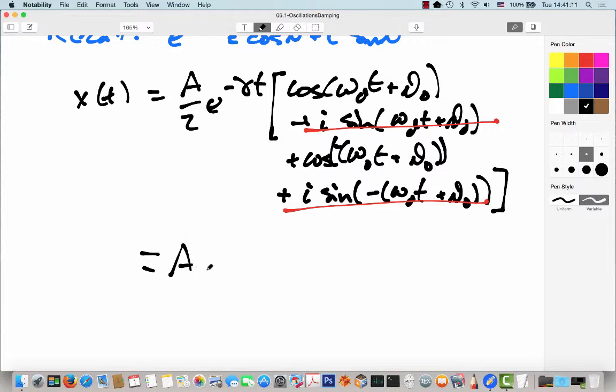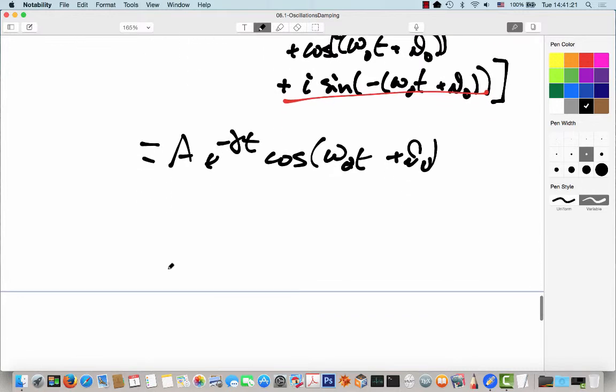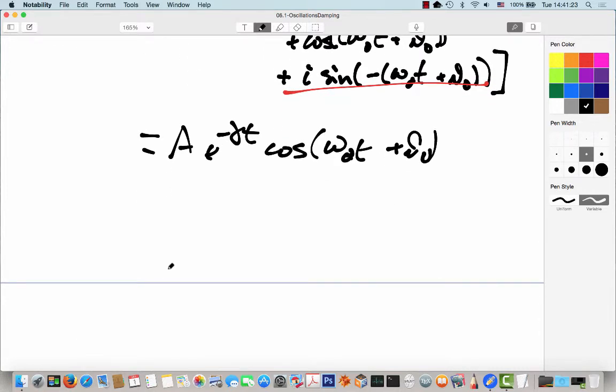So I now have a e to the minus gamma t cosine of omega d t plus theta naught, but that's not how we usually write this. We usually like to write our simple harmonic oscillators as sine, but that's okay. If I just shift my initial phase by pi over 2, I can turn the cosine into a sine, and we're all happy.